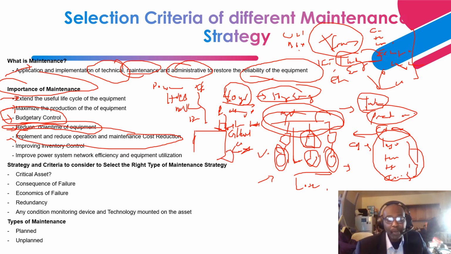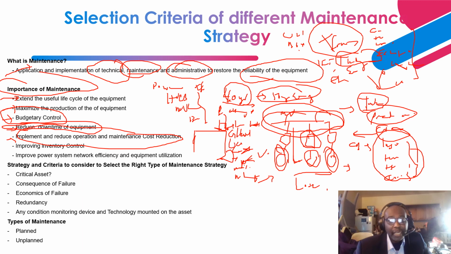Then you're also able to install a condition monitoring device that provides oil quality parameters to include moisture, then DGA, on a real-time basis.